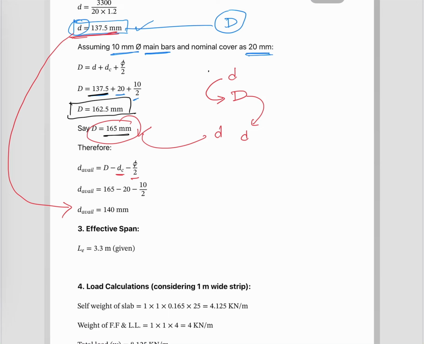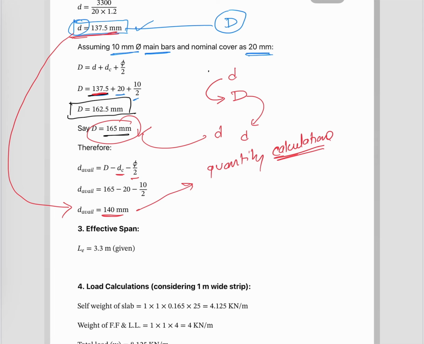So what will happen from this, whenever you do the quantity takeoff, the quantity calculation, it will change, right? 140 and 137.5, there is a huge difference whenever we do the quantity calculations.